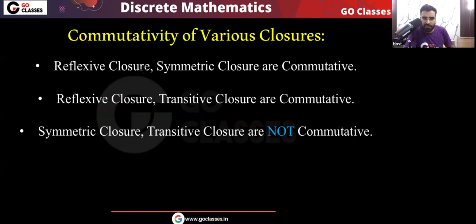So remember, reflexive closure is commutative with both symmetric closure and transitive closure, but transitive closure and symmetric closure are not commutative. This is the concept of commutativity of various closures. The concept was very easy, and we have seen the explanation, the counterexample, and the proof. Okay, very good.